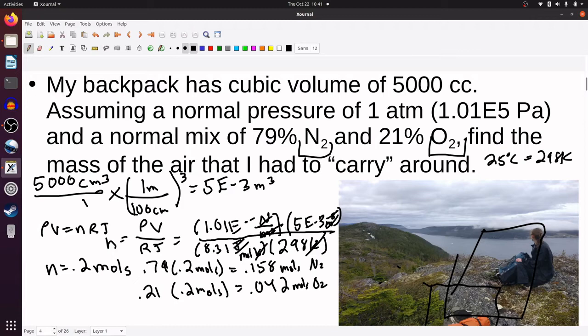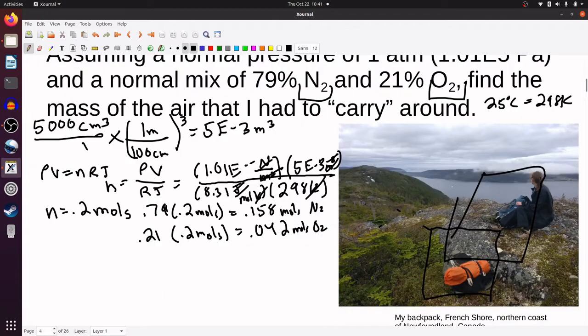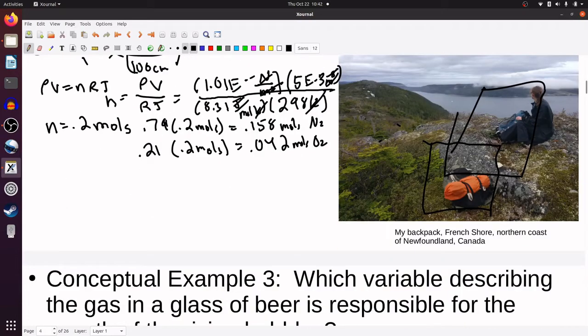So, knowing that, I need to figure out how many grams I'm going to have of each of these. So I can take my 0.158 moles that was of nitrogen.